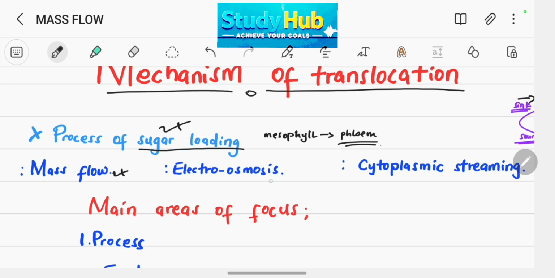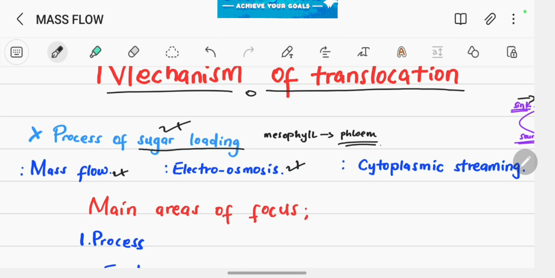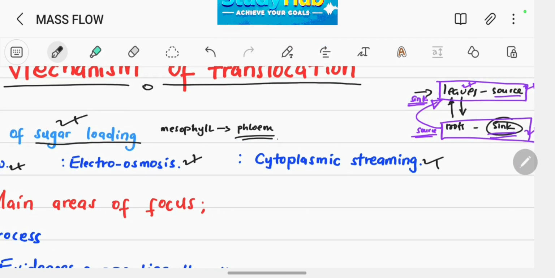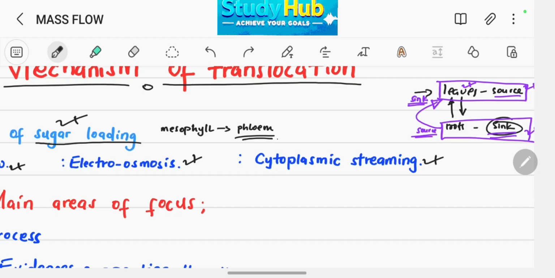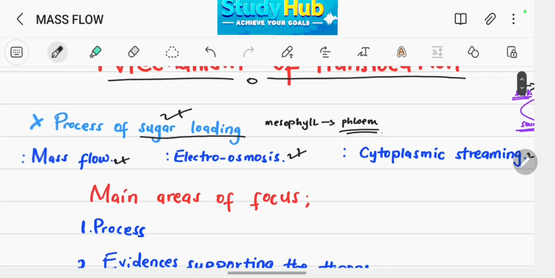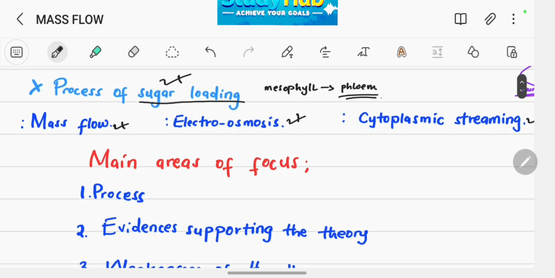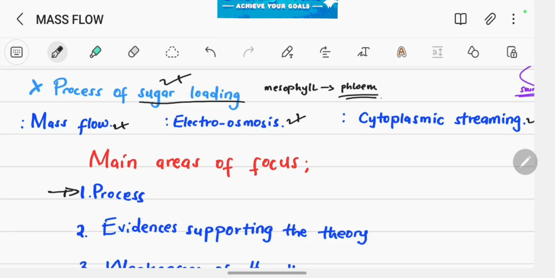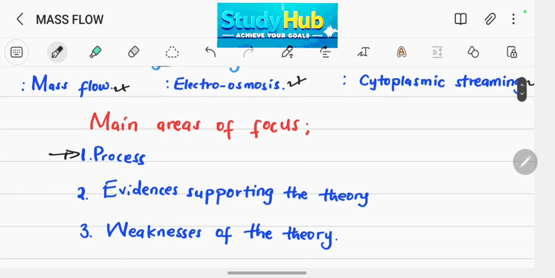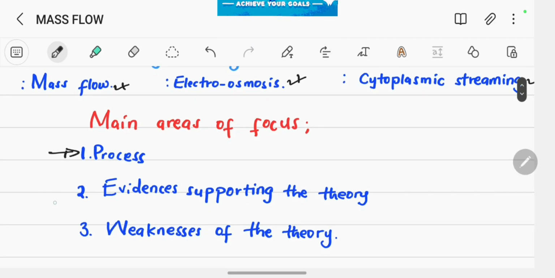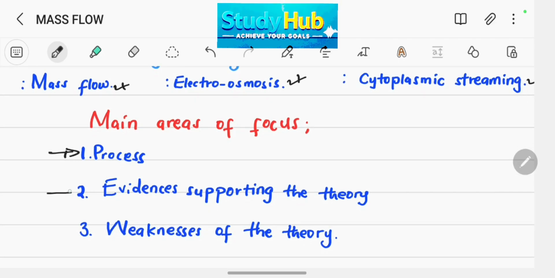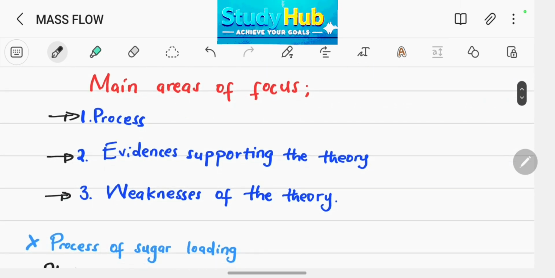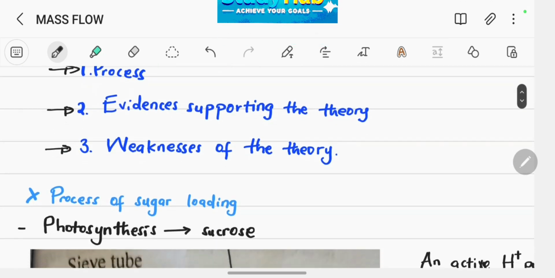We have mass flow, electroosmosis, and cytoplasmic streaming. Those three processes or theories. Then within these theories, we shall focus on how things are happening within that theory. Then we shall also focus on evidence supporting the theory and the weaknesses of the theory.